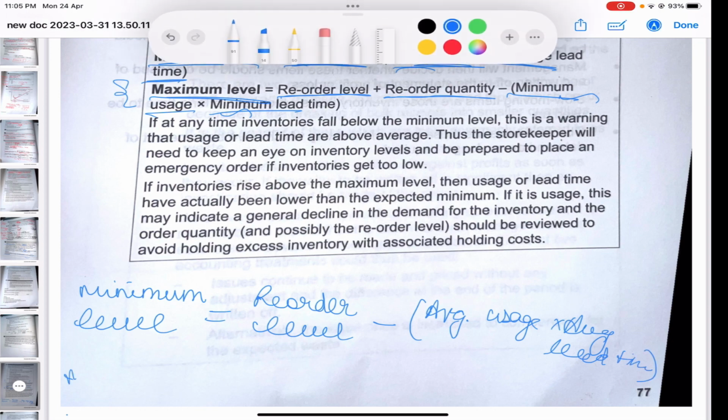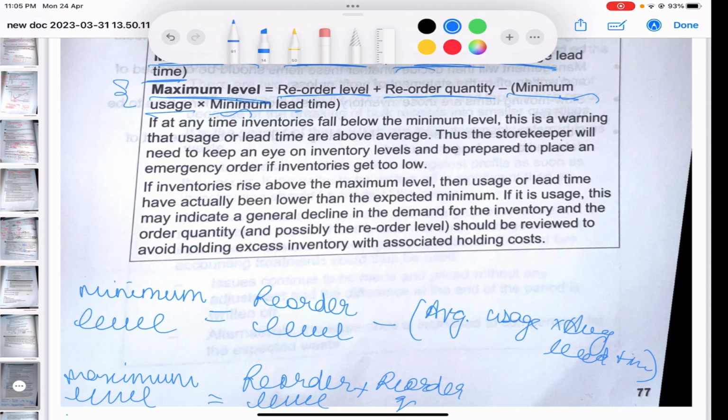Whereas my maximum level is going to be reorder level plus reorder quantity minus minimum usage multiplied by my minimum lead time. So my minimum level will be given by reorder level minus average usage multiplied by average lead time, and my maximum level will be given by reorder level plus reorder quantity minus minimum usage multiplied by my minimum lead time.